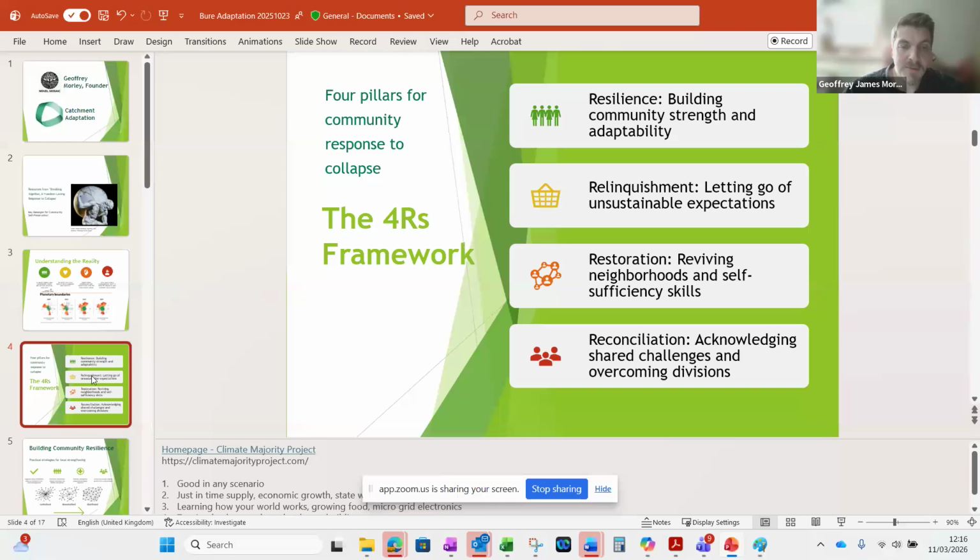Relinquishment is letting go of the unsustainable expectations, the idea of perpetual economic growth, that the state, or businesses even, are going to have our best interests at heart and are going to do the best things for us to get us out of the situation that we're in.